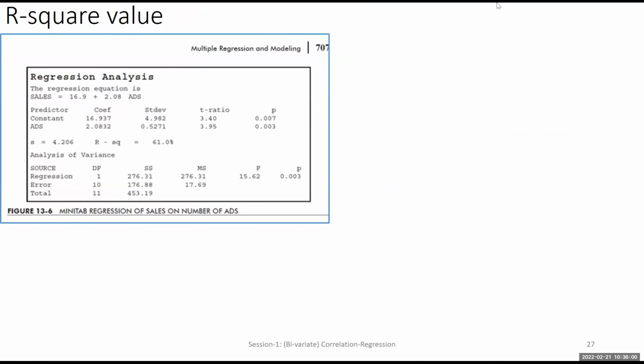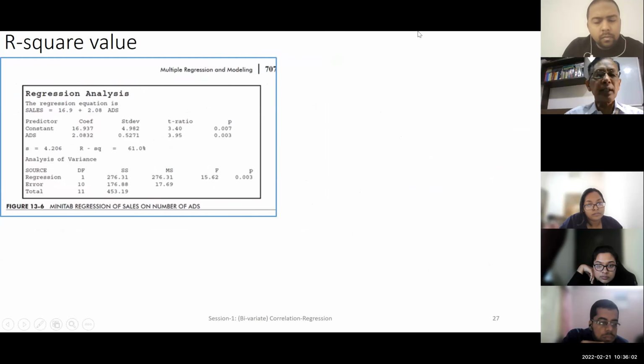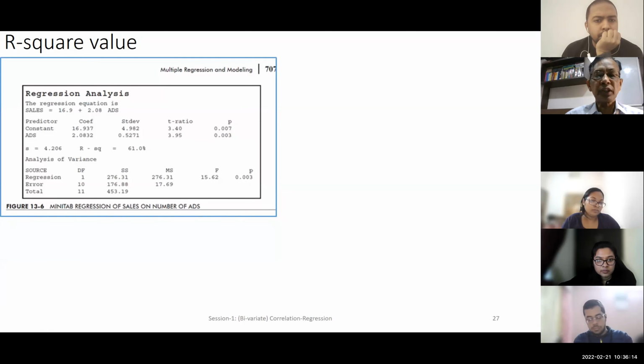I will ask individually, no prompting, you have to answer. We have already explained, so you have some idea. First thing, we'll be checking R square. Now, R square 61% means it's good. We should understand that it determines very well.